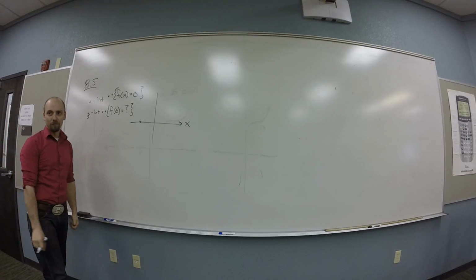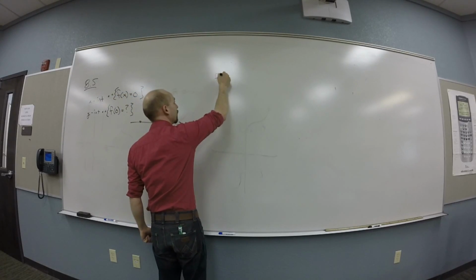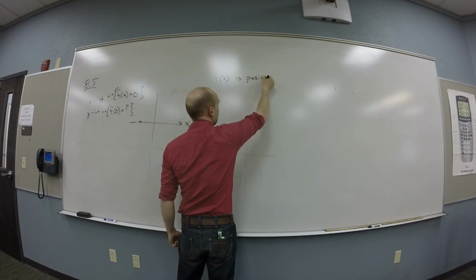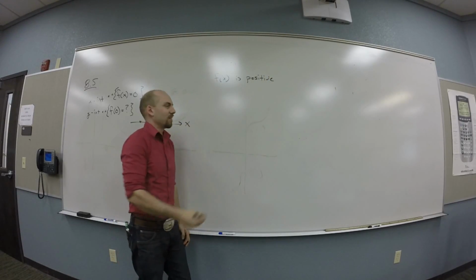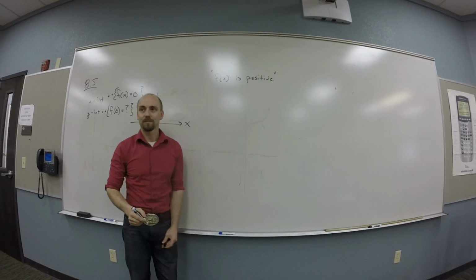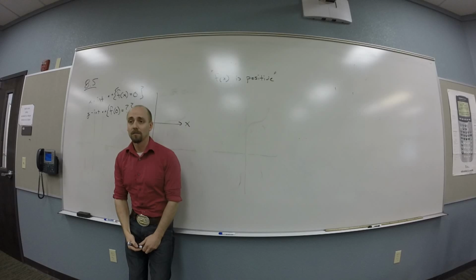Okay. What else do we need? We need the idea of a function's positive. So f of x is positive. What do we mean by that? Like, if I said this phrase to you, what would you think? That is not a negative number. Yeah, the output's not a negative number, right?